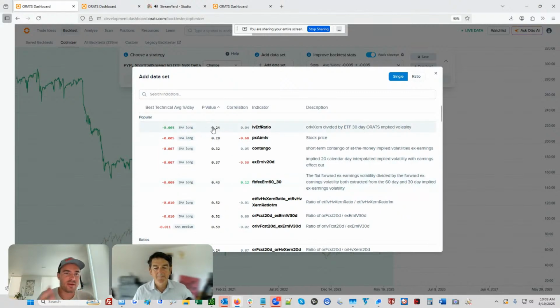So if this indicator improves the backtest up to that value, for the one you're highlighting, the IV ETF ratio, the top one, it's got a 24% chance of that happening by chance.